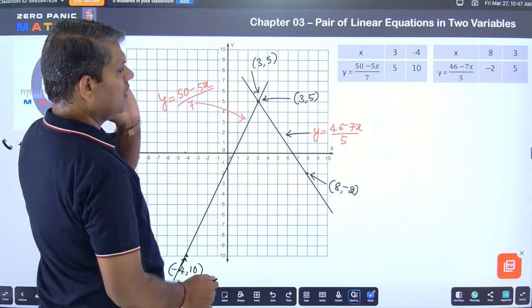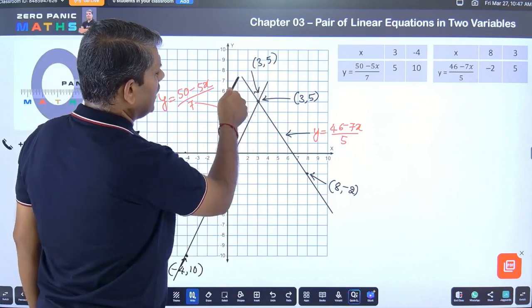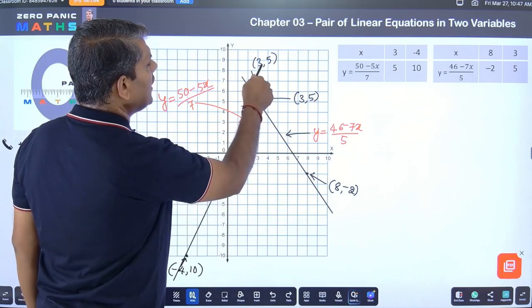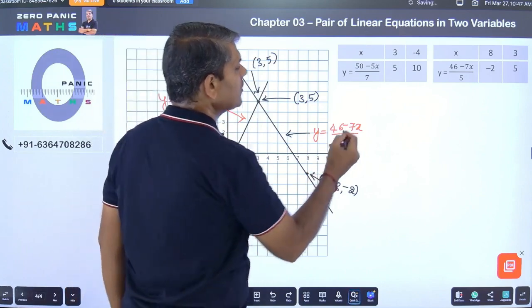Okay, now what did we understand is the two lines are crossing each other at the point (3, 5). Okay, so that is our solution.